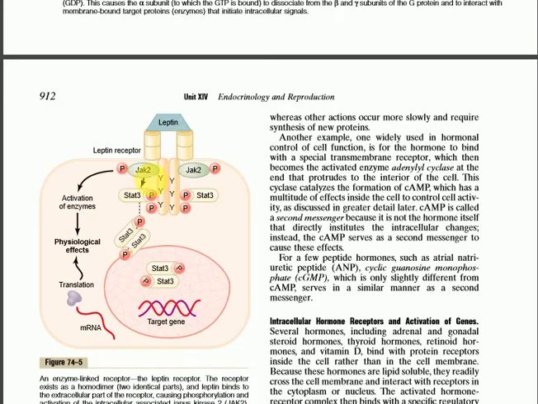The Janus kinase 2 enzyme belongs to the family of the cytokines, and its phosphorylation occurs. Here you can see the phosphate group gets attached with the Janus kinase 2.